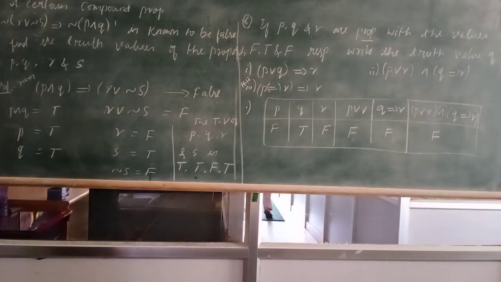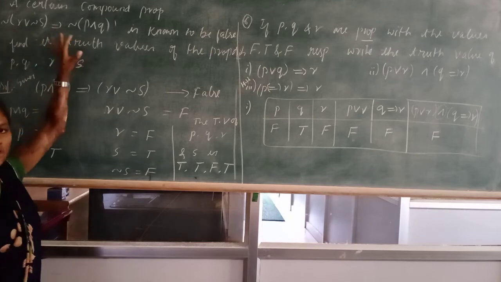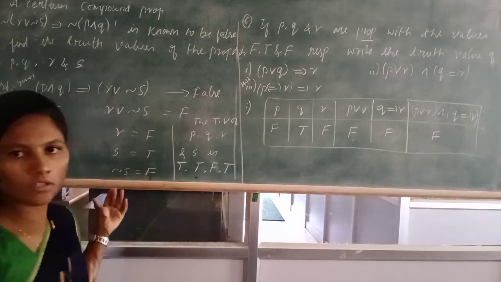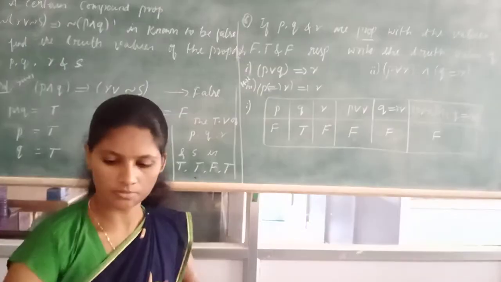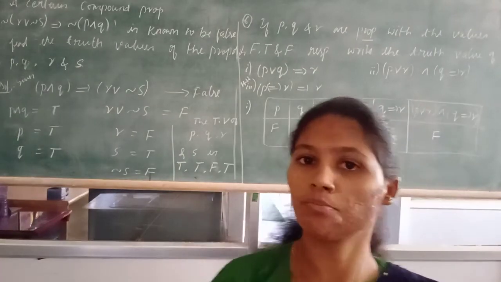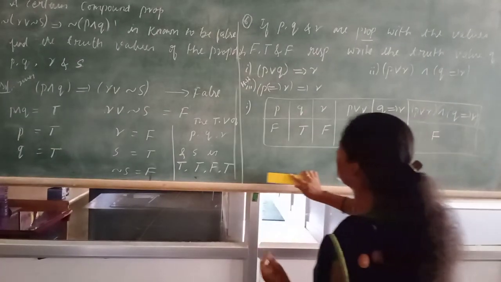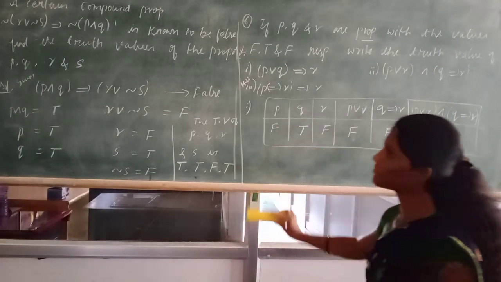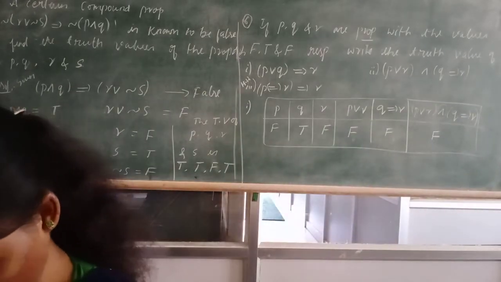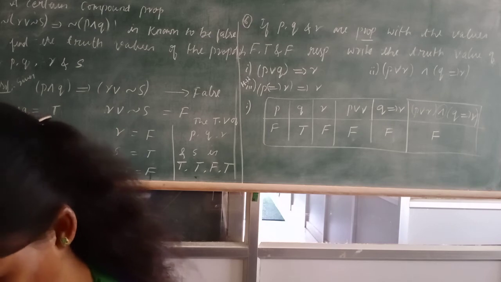So here also implication between these two propositions is given. So using that you have to work out. So in this chapter there is not much difficult problem. A little bit of changes only you have to do. Okay?